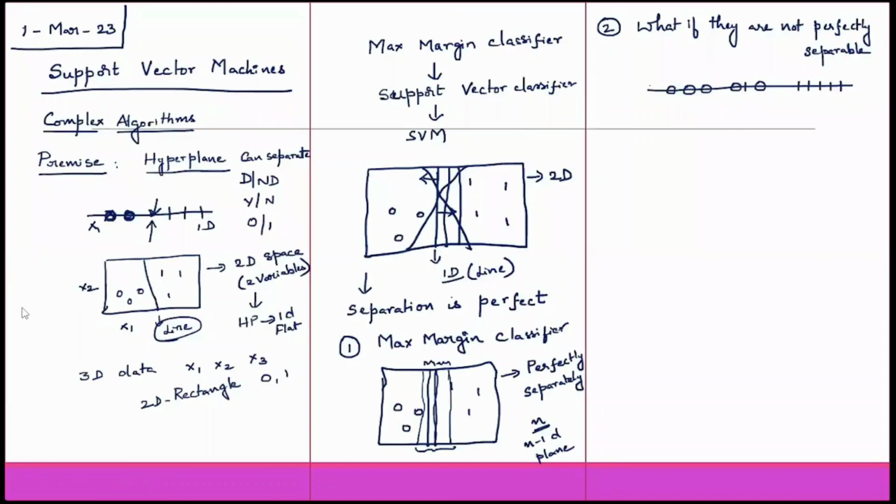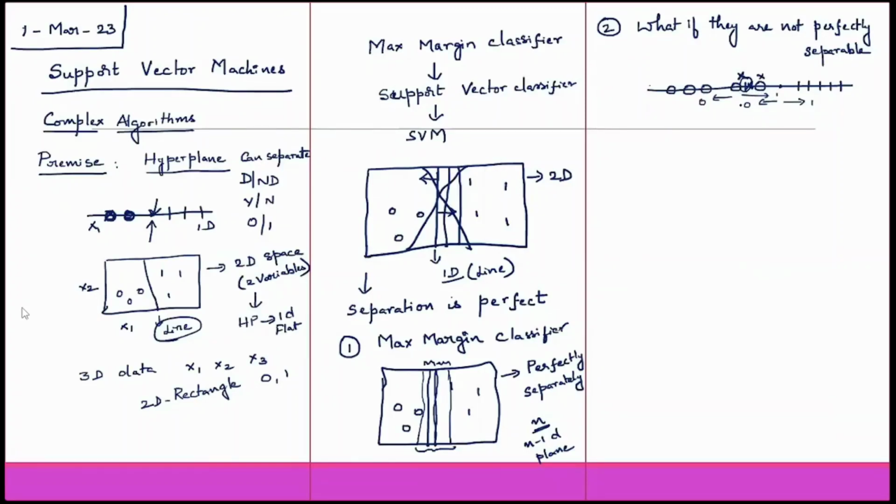Then what if they are not? So here, it all depends. Now, if I put a separator here, then it looks like there is a 1 that is misclassified, if I say before this point they are all zeros and above it they are all 1s. Or if I put a separator here, saying below this they are all zeros and above this they are all ones, then this one will become a misclassification.